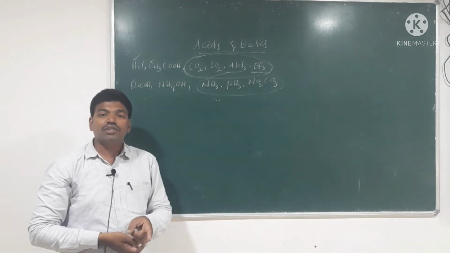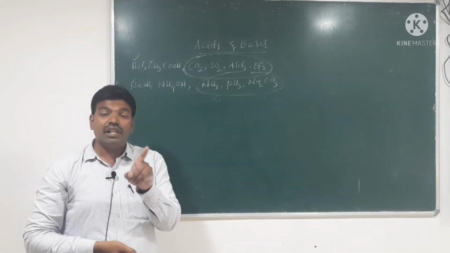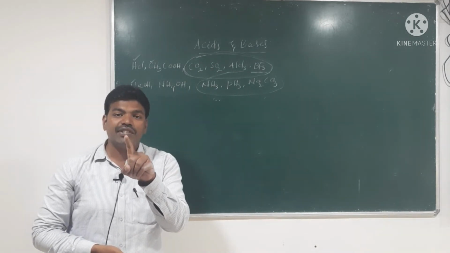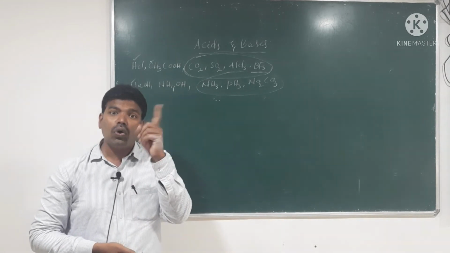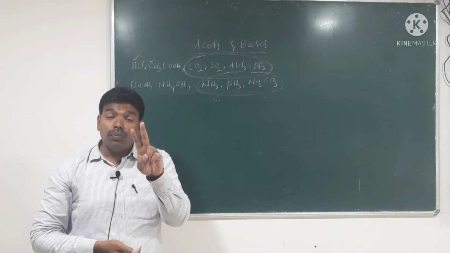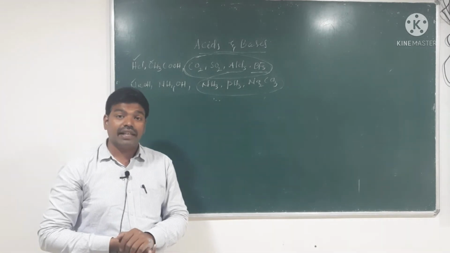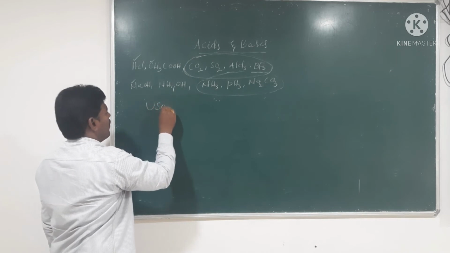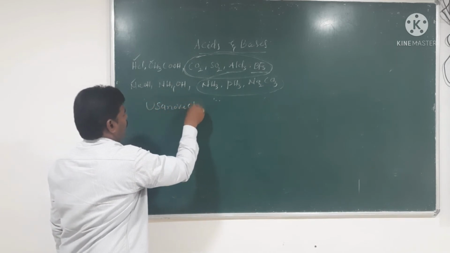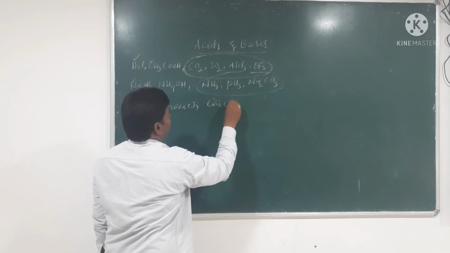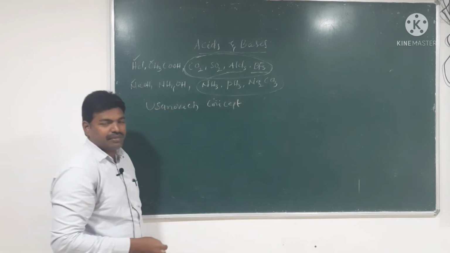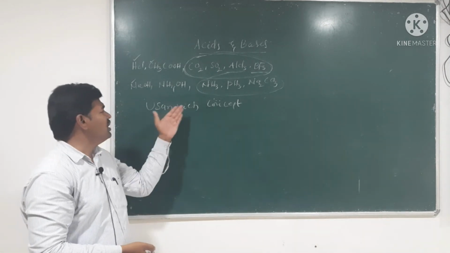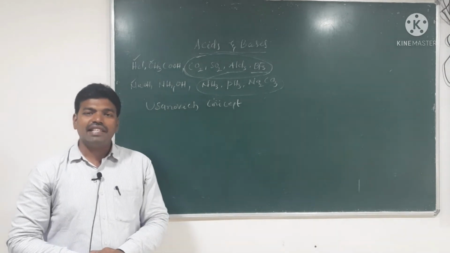So there is no appropriate theory to explain the acid base concept, and moreover there are two more concepts, that is the Usanovich concept, or usually we call it the Sanovich concept of acids and bases.